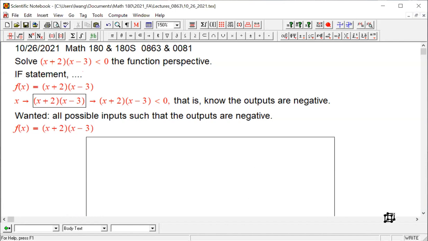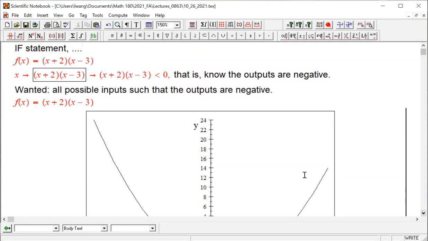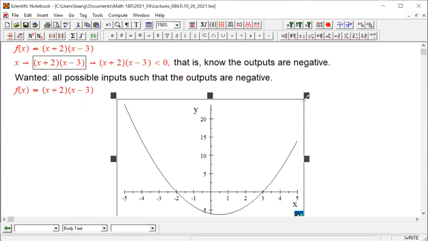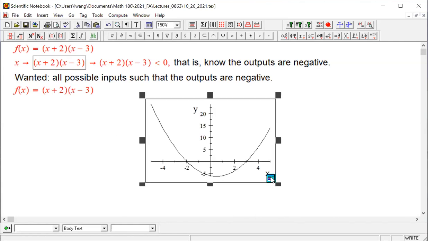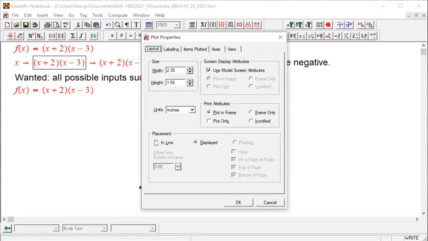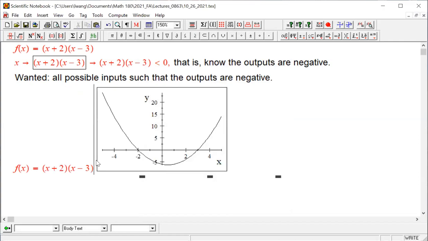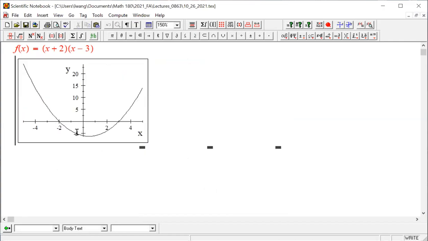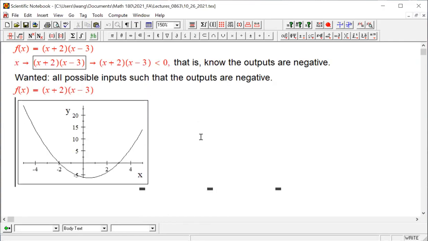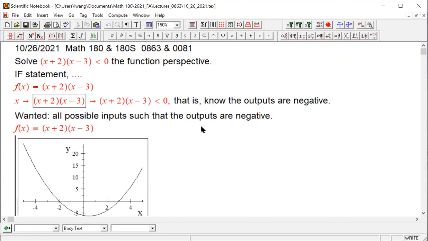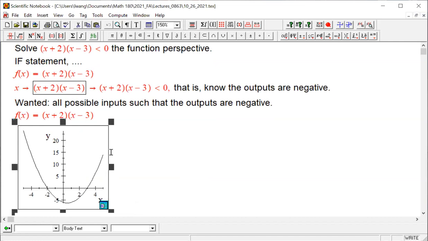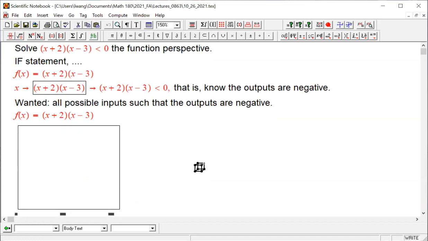Boom. It's a parabola. You guys know parabola, don't you? Quadratic function.